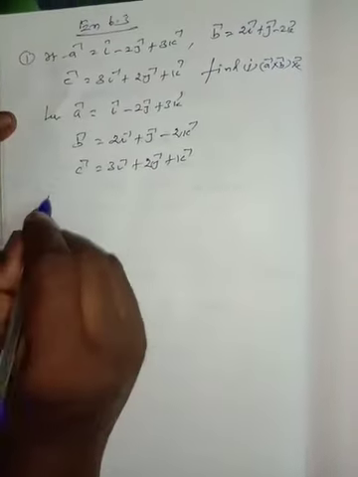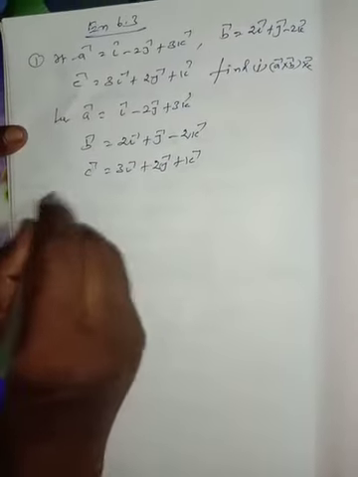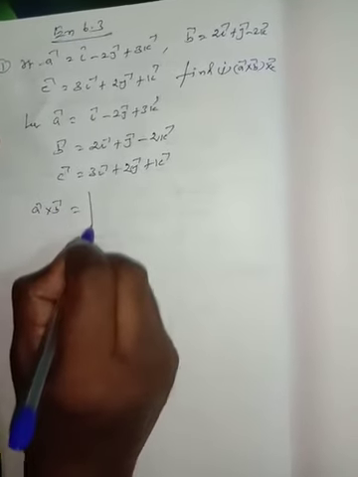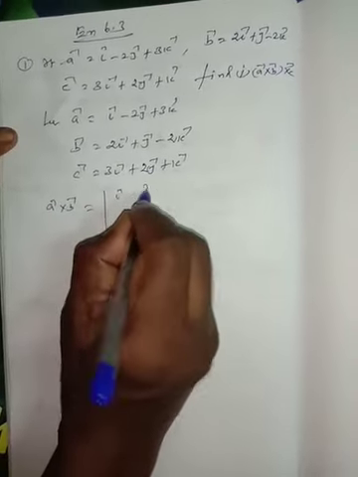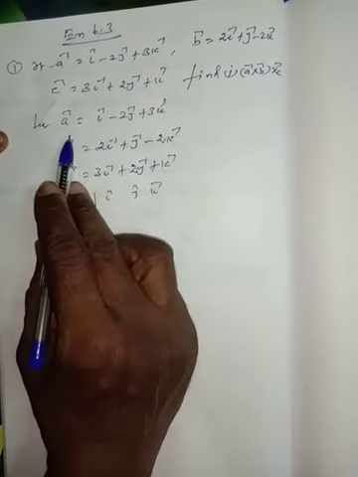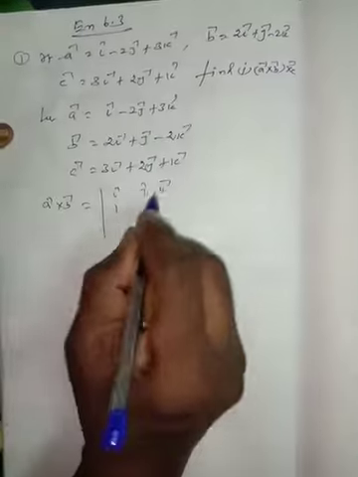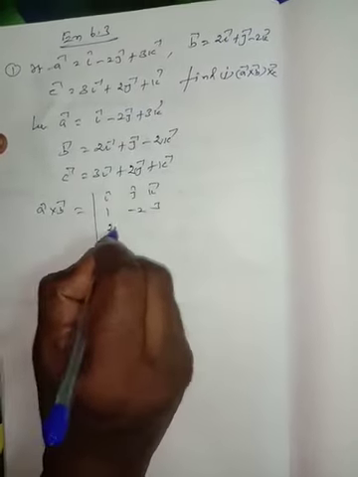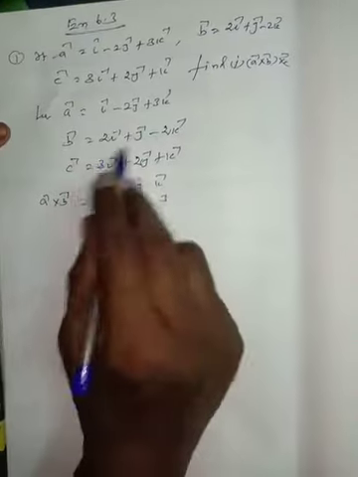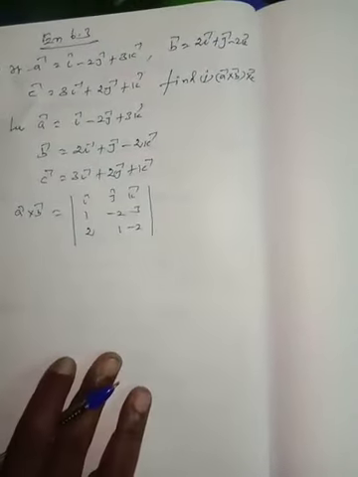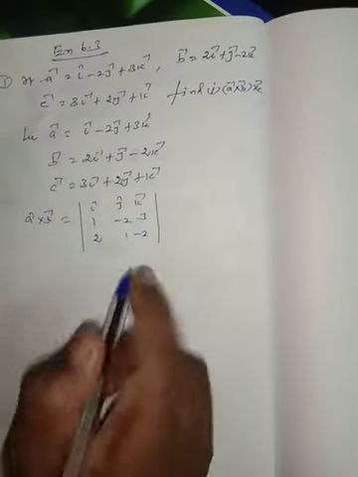Now first to find A cross B. A vector cross B vector, cross product of two vectors: i vector, j vector, k vector. Coefficients of A vector are 1, minus 2, 3. Next 2, 1, minus 2.